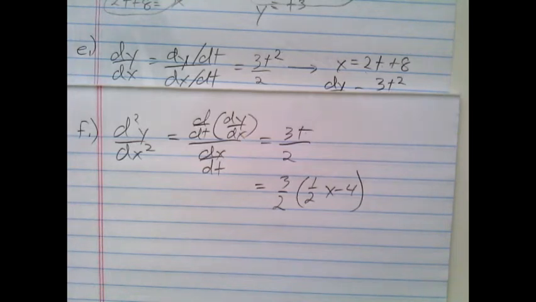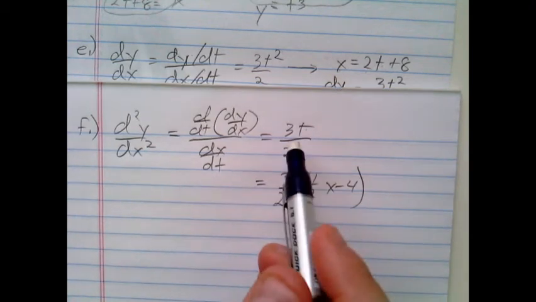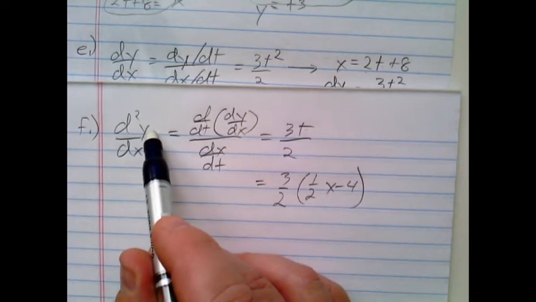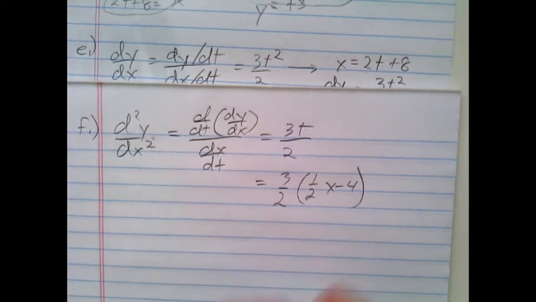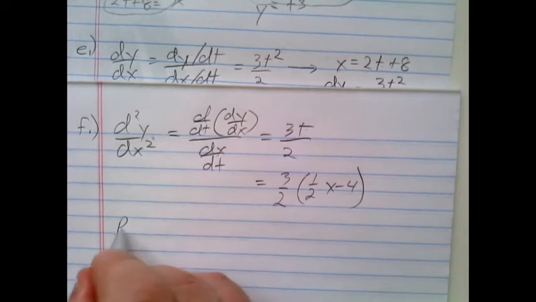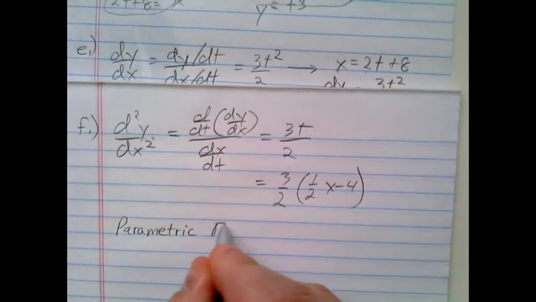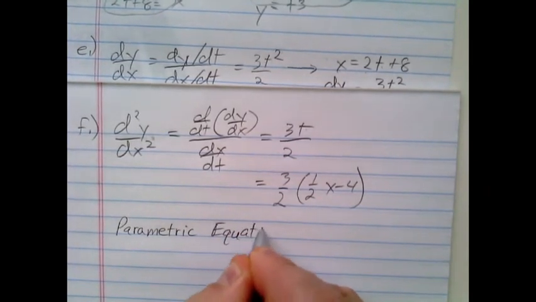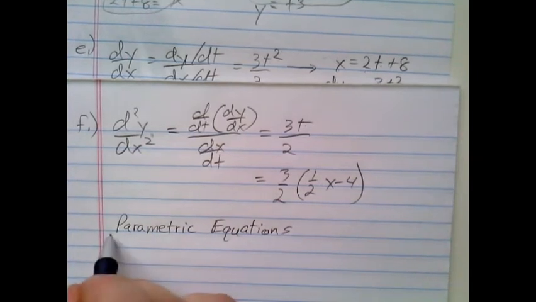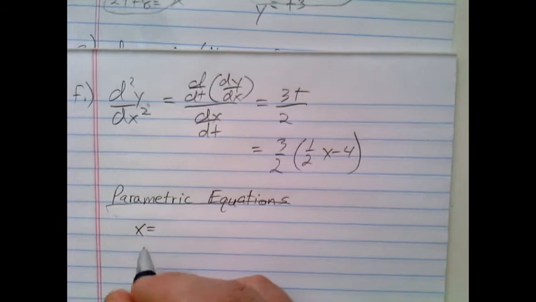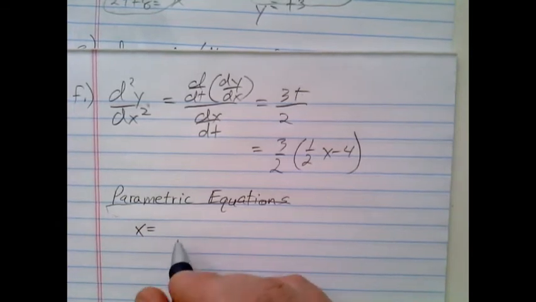But I can't translate that into a graph without something for x, because the second derivative will be like the first derivative. It'll play the role of y. For my parametric equations, I'll use the same x equation that I used for the first derivative and for the original function.